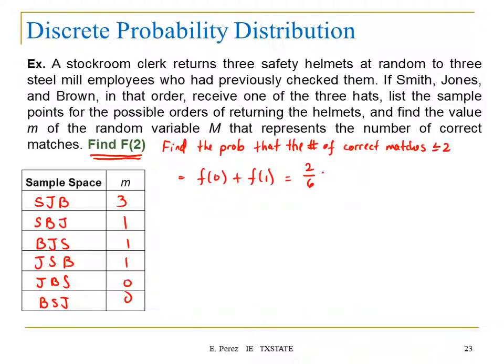So if you need the probability of 1, you have 3 outcomes that will be equal to 1, which means that the probability is equal to 3 over 6. So when you sum those two, the cumulative distribution is 5 over 6.